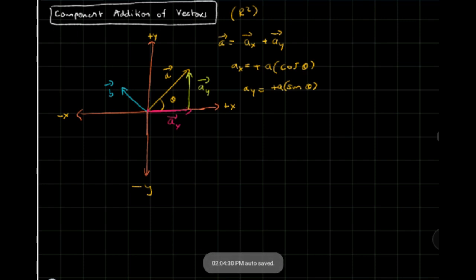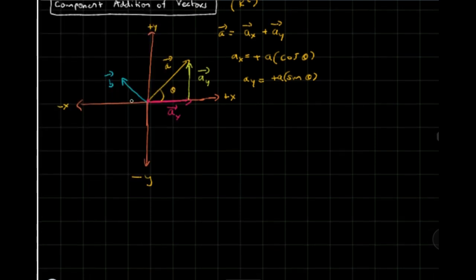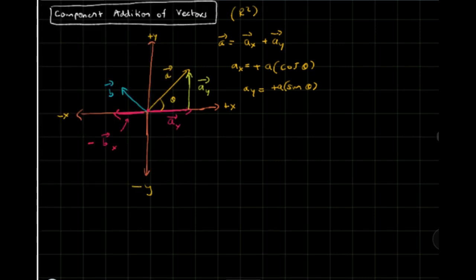Now we're going to do the same thing for B, and you can notice that for vector B here, the x component, I'm going to call this vector Bx, it's going in the opposite direction. It's going towards negative x. So that's why we have to write a negative here. But in the y direction for B, the component is still going in the positive direction.